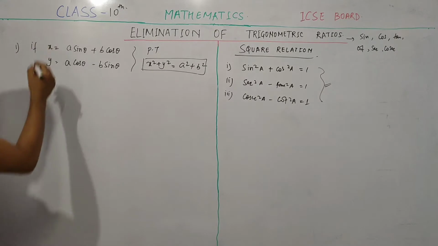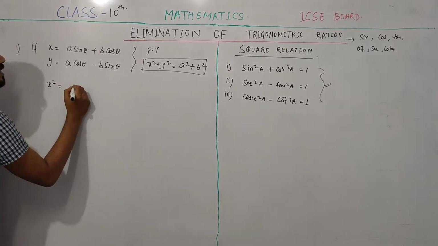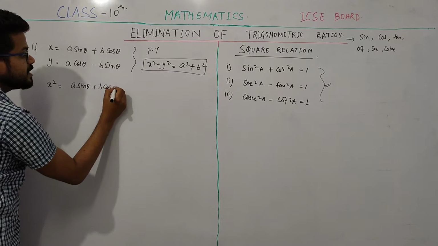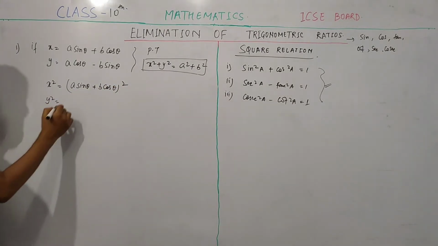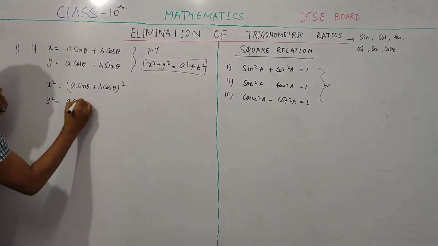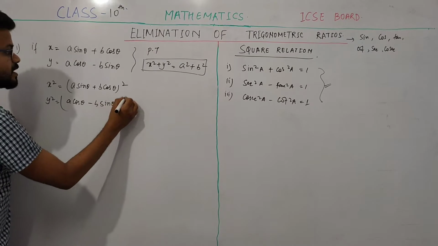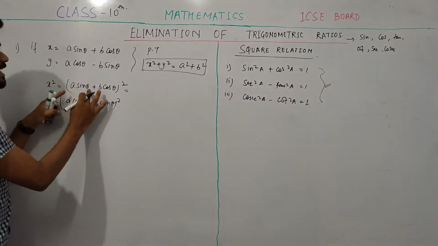Firstly, taking square on both sides, x square is equal to (a sin theta plus b cos theta) whole square, and y square is equal to (a cos theta minus b sin theta) whole square.